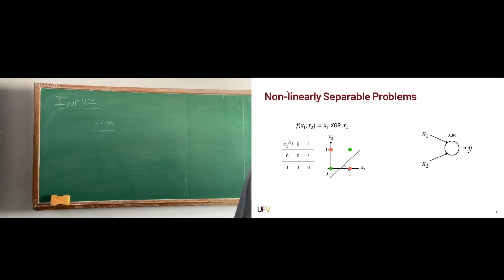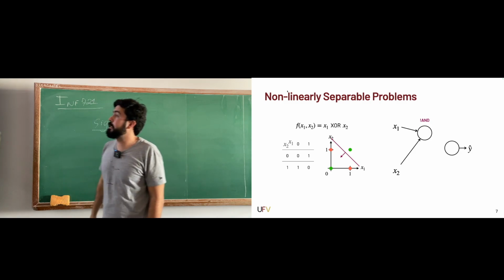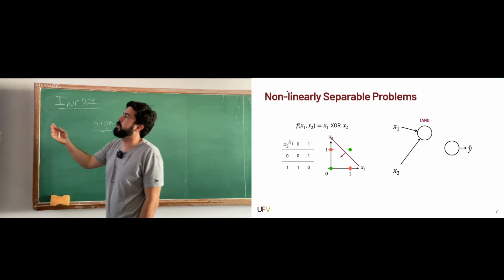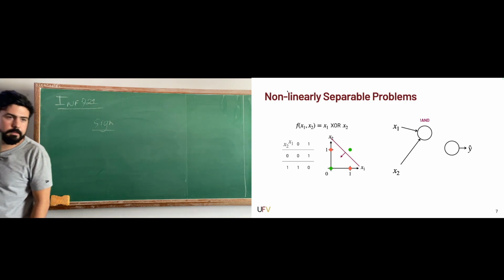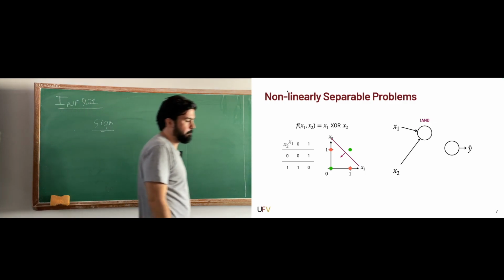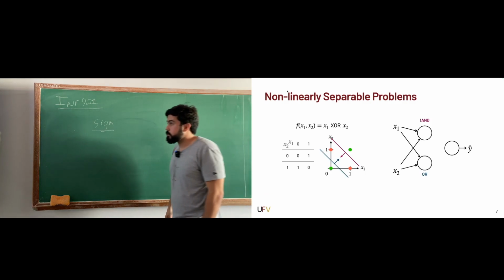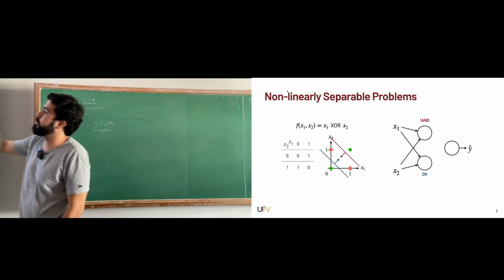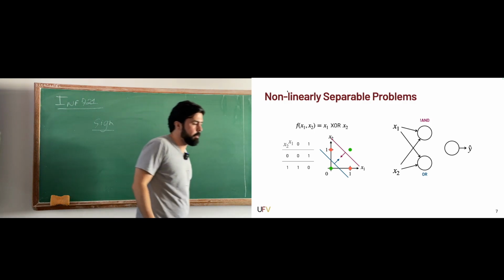But what you could do is create another neuron that learns the NOT AND function, which is linearly separable, and is this line here. Okay? And you could do the same to learn the OR function, which is represented by this line here, and is also linearly separable.